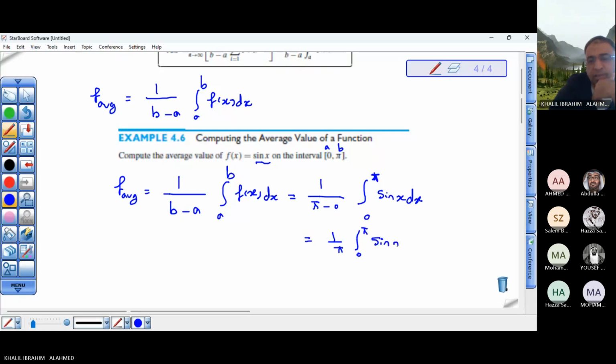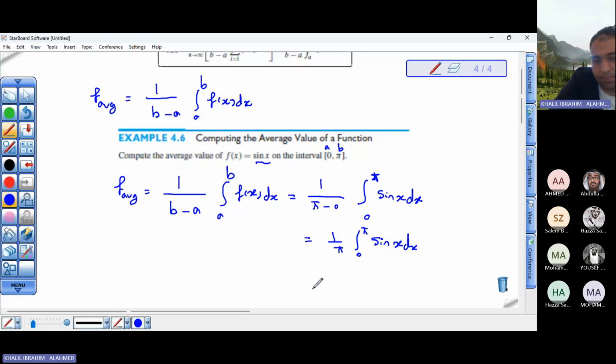What is the integration of sine x? Who can tell me? Cosine? Negative cosine. Be careful about this. Negative cosine.